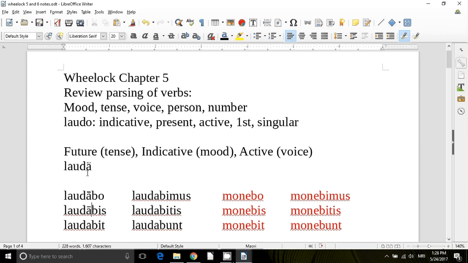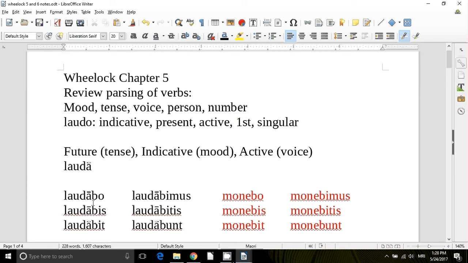Laudabo, laudabis, laudabit, laudabimus. That's a long, I should correct, excuse me, it's short. Laudabimus, laudabitis, laudabunt. So that's the future.